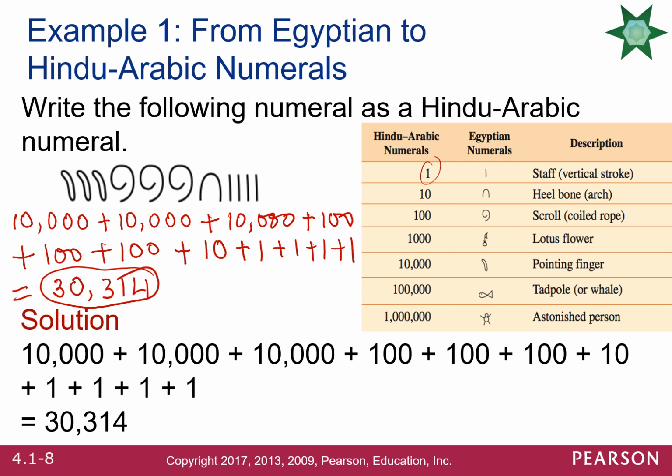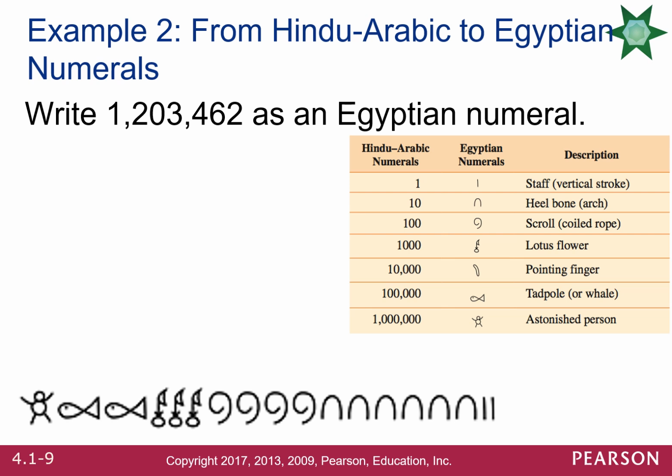All right, so now we will try to see how we can convert from the Hindu-Arabic numeral system to the Egyptian system. Now here we are going to learn how to convert from the Hindu-Arabic numerals to the Egyptian numerals. All right. So now we are going to reverse the steps that we had done for the previous example.